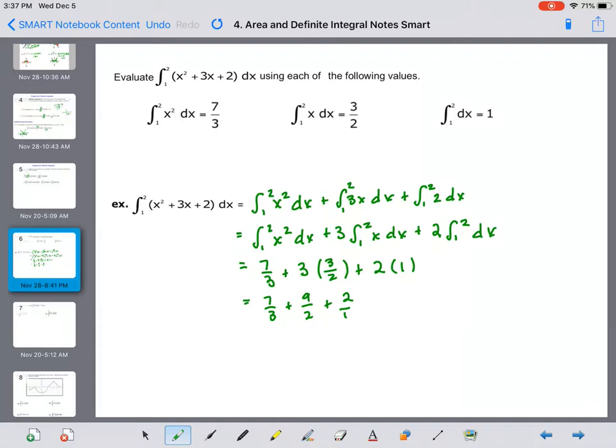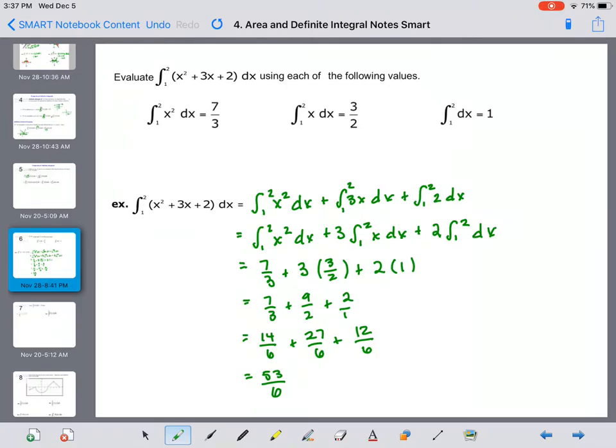We're going to get a common denominator of 6. So 14 over 6 gets us there, plus 27 over 6, and 12 over 6 is that one. And then just adding, we get 14 plus 27 plus 12, which is 53 over 6, and that's not really simplifiable. I don't know if that's a word, but I'm going to use it. Okay, so there's our answer.